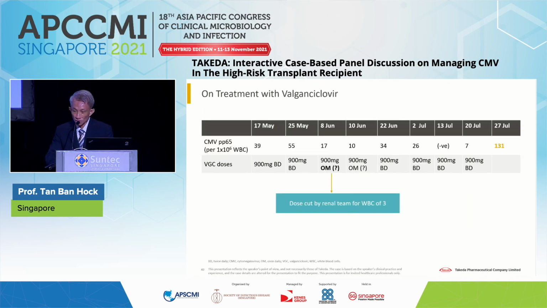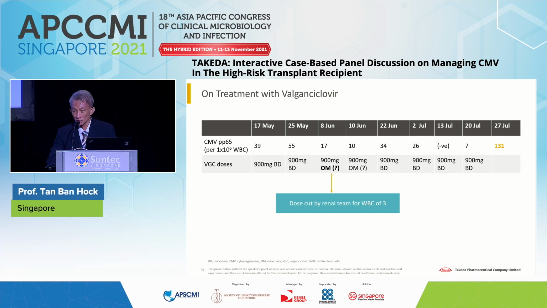Now, however, while she was on prophylaxis, one day she had this rise in PP65. This is a case from some time ago. That's why it was a time when our unit was still using the antigenemia rather than the PCR. And so the ganciclovir dose was bumped up to 900 twice a day, which is the full dose, right?